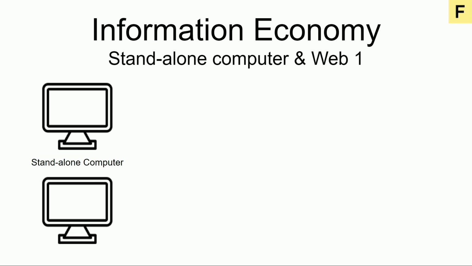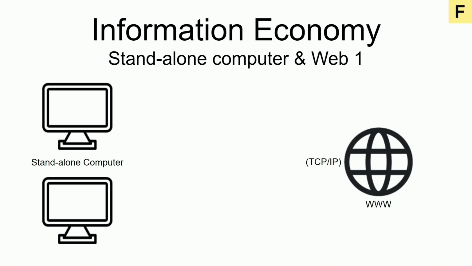They would then need to download the file from the floppy to their computer in order to use it. If you wanted to share the file with someone in another country, you would need to mail the floppy disk to them. Now, you can only imagine how slow it would be to collaborate with someone on the other side of the world, let alone a team of people using this system.